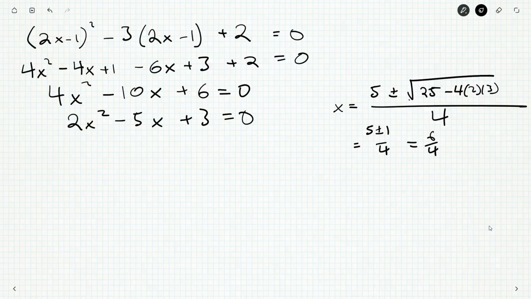Which is 6 over 4, or 4 over 4, which is 3 halves, or 1, which is what we originally predicted. Or if you made this observation that 2 minus 5 plus 3 does equal 0, so x equals 1 is a solution.